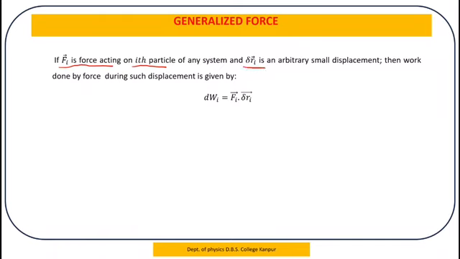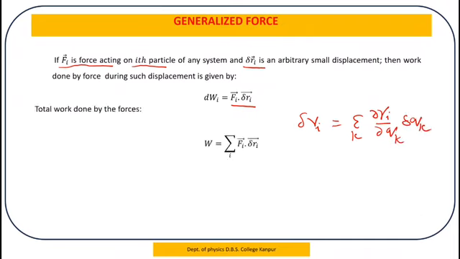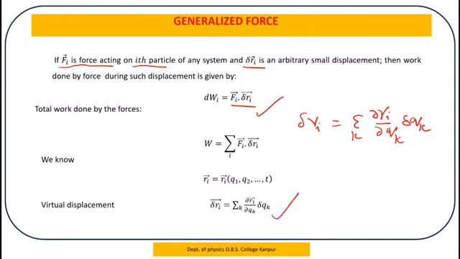So work done is given by Fi dot delta ri. Now put the value of delta ri, the virtual displacement, summation over k of ∂ri upon ∂qk delta qk, where qk is the generalized coordinate. Now put this value in place of delta ri. This is the work done on the ith particle. This is the total work done on the system.